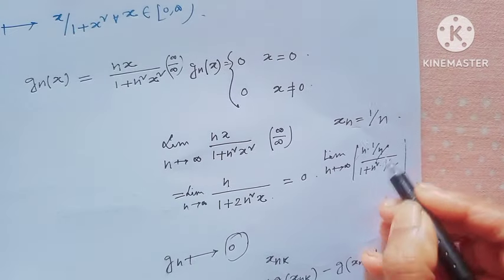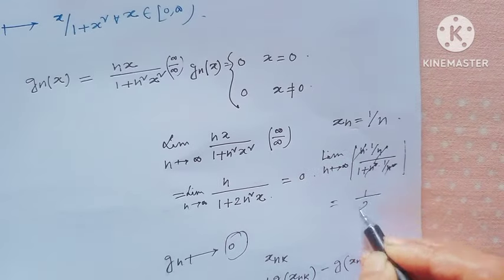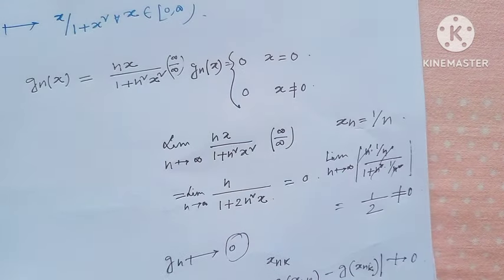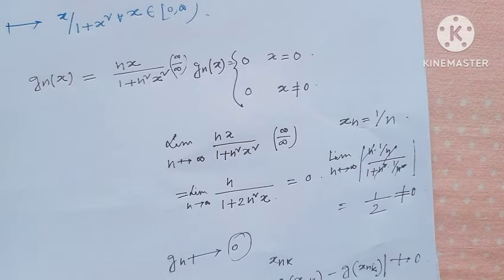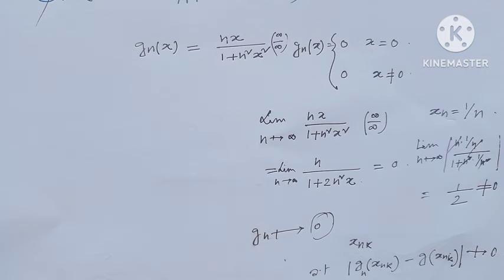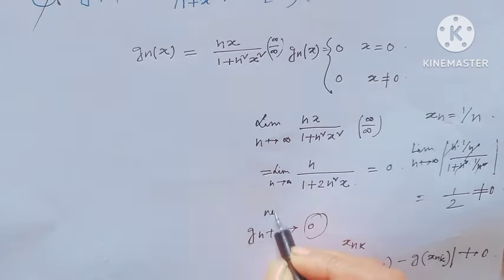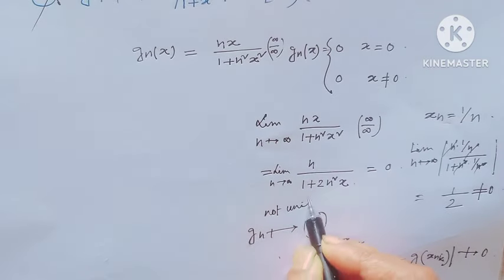So this value equals 1 over 2, which is not equal to 0. Therefore, by this sequence test, we can tell this convergence is not uniform.